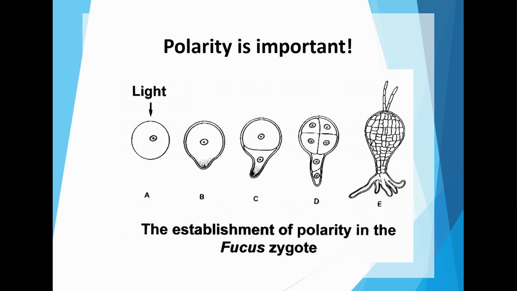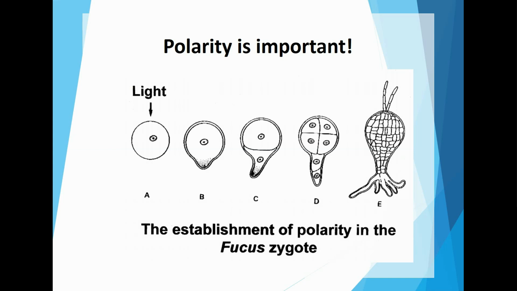Remember, tropism is what stimulates, and stimuli such as gravity and light will initiate polarity. Say that again. The stimulus such as gravity or light is what will initiate polarity. So once polarity has been established, it is very difficult to reverse that.